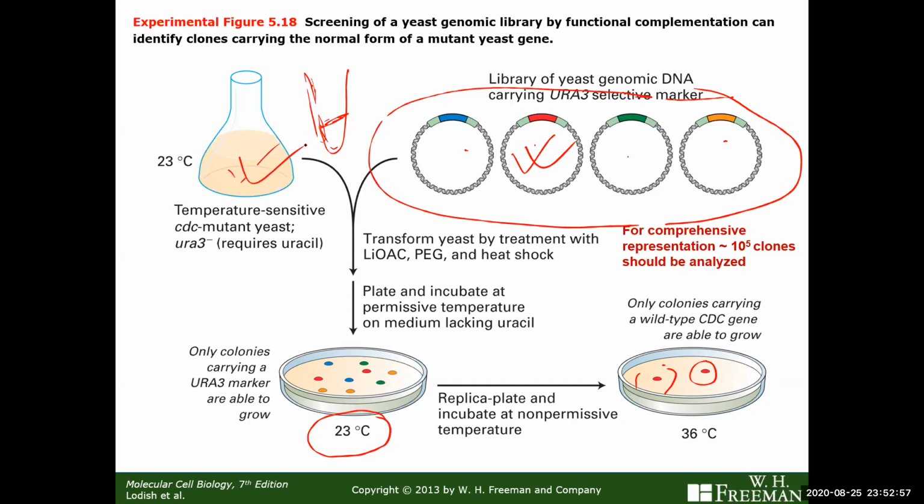Now you want to know if there are other genes in the pathway that you may have missed, which may be functionally or physically interacting with the gene that is mutated in this particular strain.